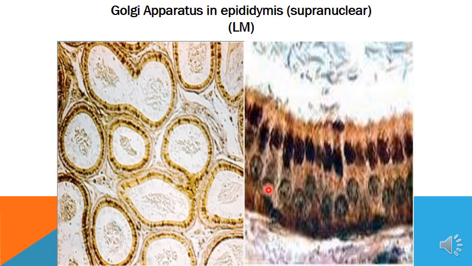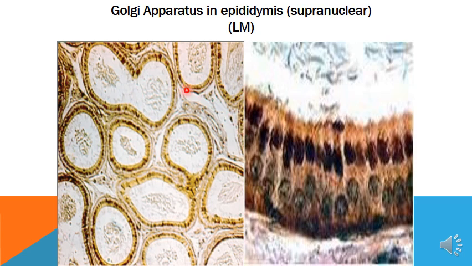This is the nucleus of the cells, and this brown mass present above the nucleus, which is called supranuclear, is the Golgi apparatus stained with silver stain. So the Golgi apparatus appears in the epididymis above the nucleus, supranuclear, as a brown mass. So the special stain of the Golgi apparatus is called silver stain.